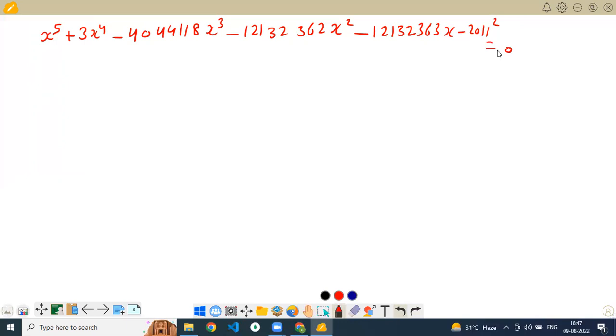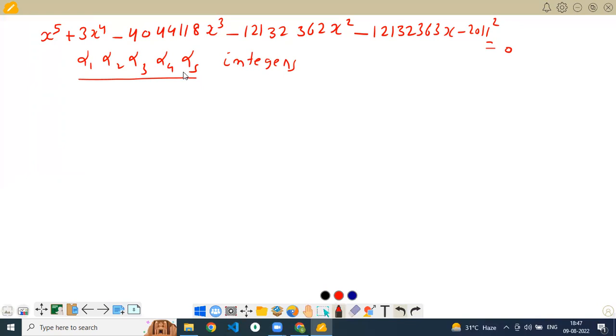And the question says all the roots are integers, that is alpha 1, alpha 2, alpha 3, alpha 4, alpha 5, all are integers. So you have to find out what are the distinct values of alpha 1, alpha 2, alpha 3, alpha 4, alpha 5.